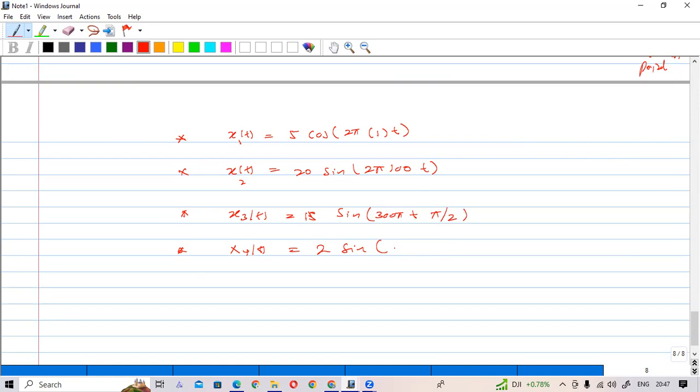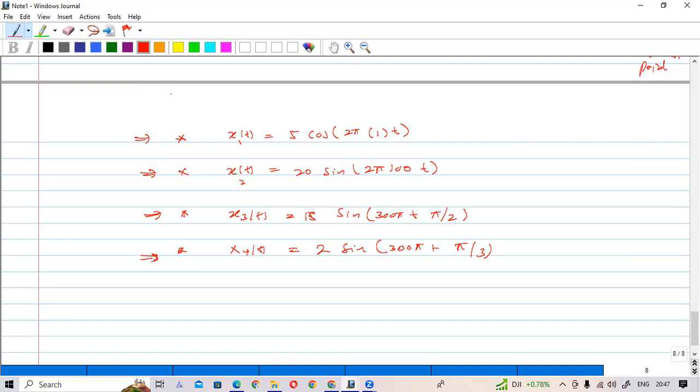And this is 30π t. So these are 5 signals.